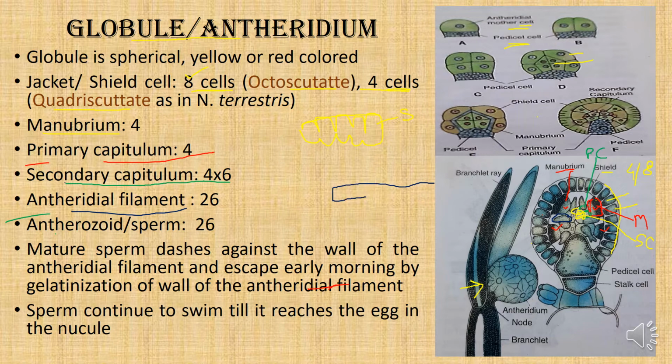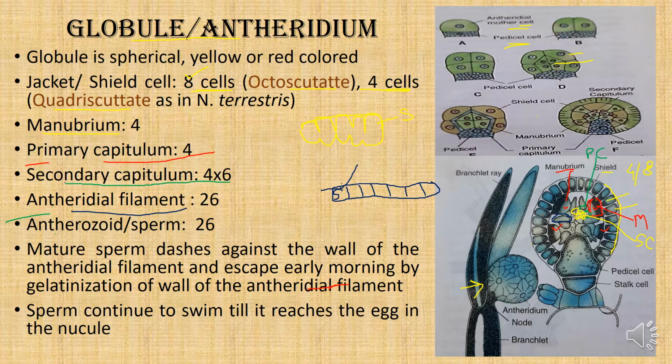Each of these antheridial filaments bears a series of cells that give rise to the sperm. From each of these cells, the spirally arranged sperm is present.